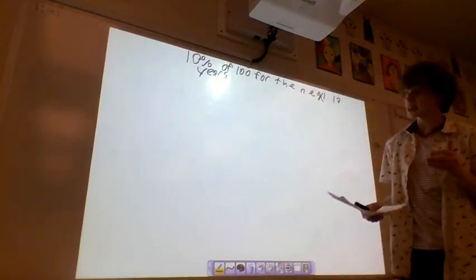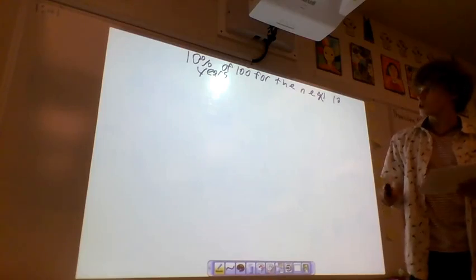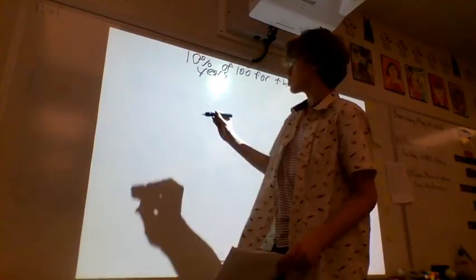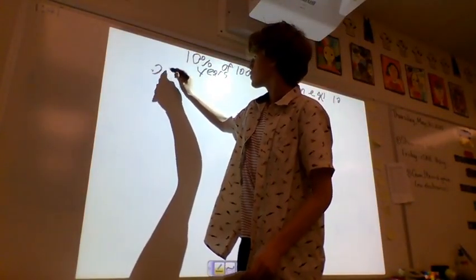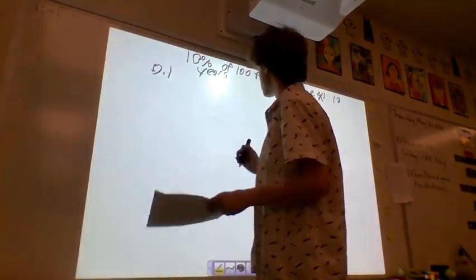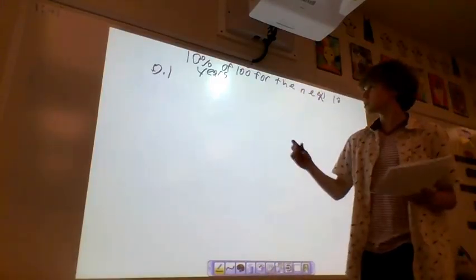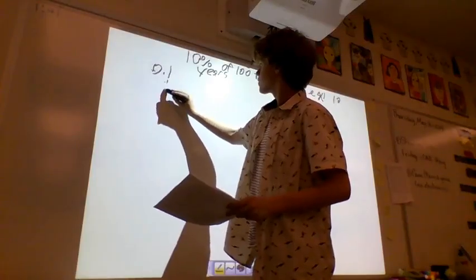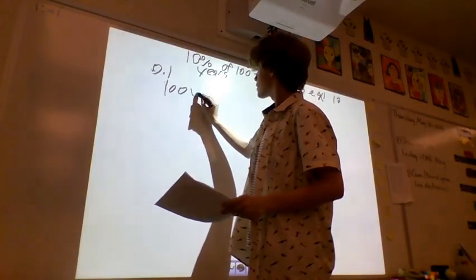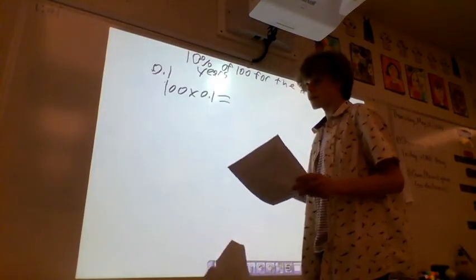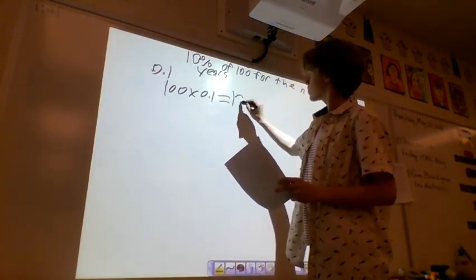Now to calculate this, we need to do what we did before. So first we need to divide 10 by 100, which equals 0.1. And then we need to multiply 100 times 0.1. So 100 times 0.1 equals 10.